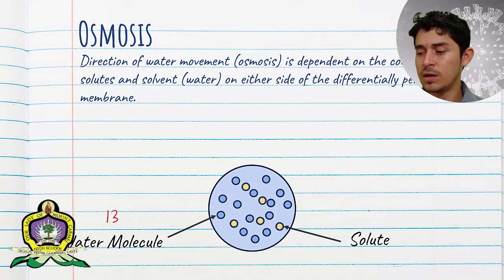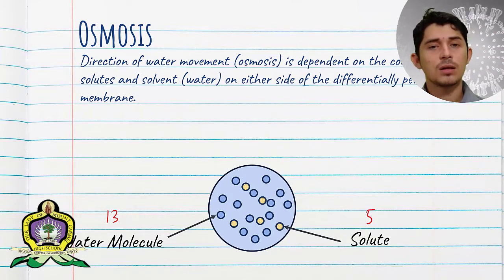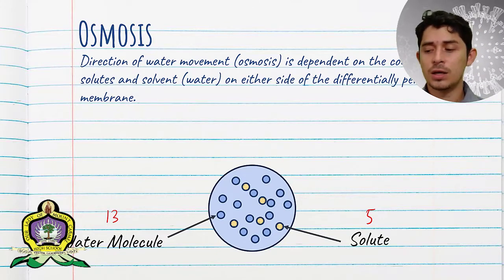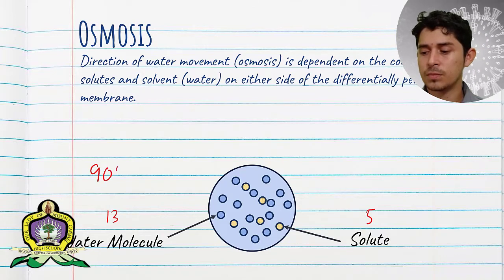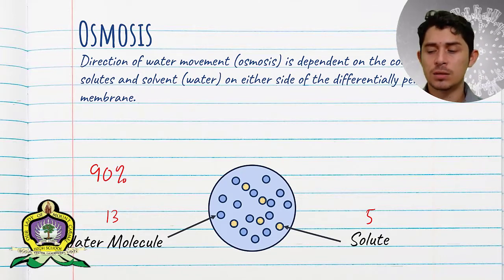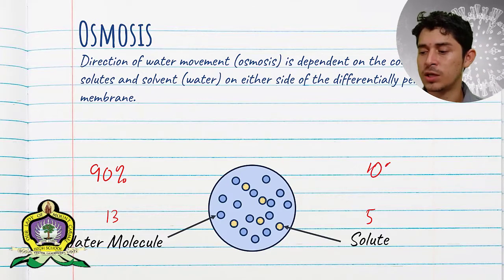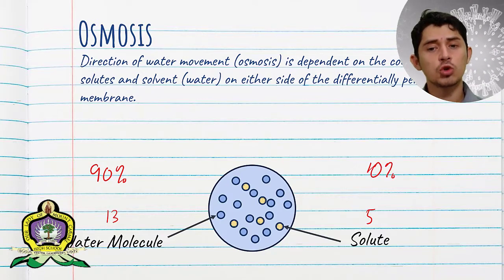We have 5. Let us say that there is 90% water here. What would be the concentration of salt? If we were to look at the concentration of salt, it would be 10% salt. So in this solution, we have 10% salt and 90% water.